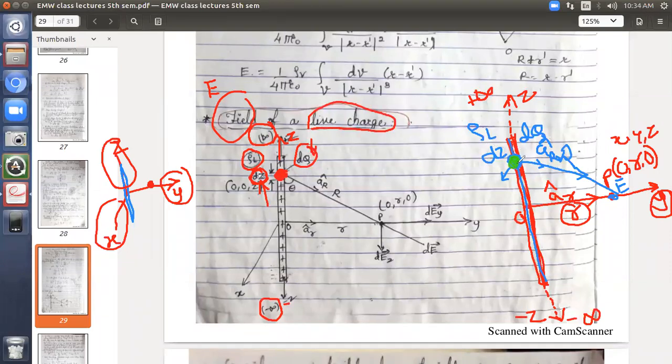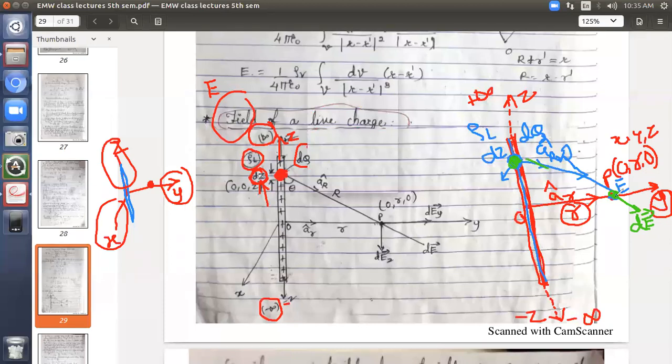For this particular area, due to this dz, I want the field E. What will be the direction of the field? As the unit vector is in this direction, I will just extend it. I cannot write capital E directly, as it is due to dq and dz, so it is dE, a small portion of the field due to the small element of length dz.